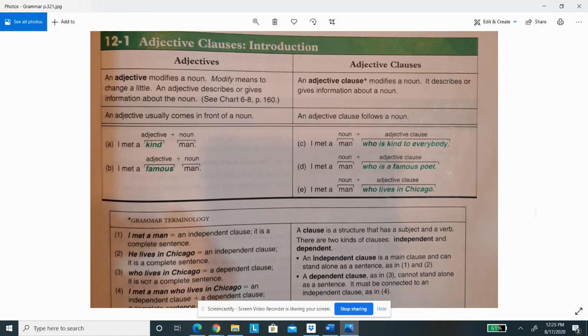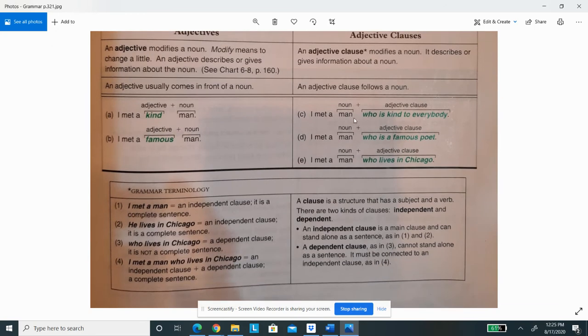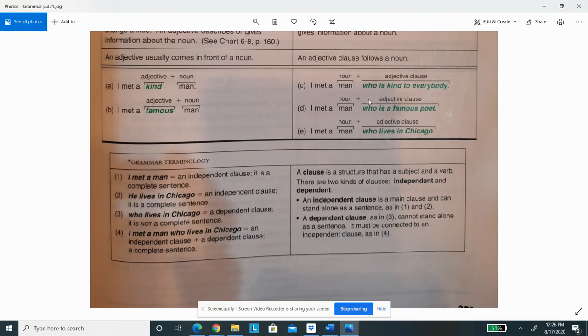Okay, so what we need to be aware of is, in this case, the noun is first and then the description. And the description is a clause. It has a subject, which is this here, and a verb. Okay, subject, verb, subject, verb. So a few things to understand.